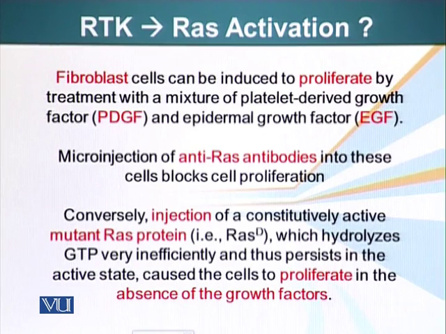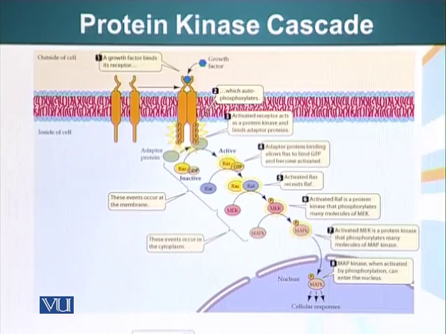They'll keep on dividing just as if the growth factors were there, even though the growth factors are not there. So this is a simple experiment that shows that RAS is somehow activated by these receptors which interact with PDGF and EGF. What happens after RAS is activated?